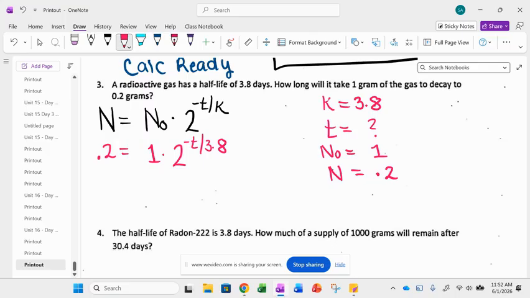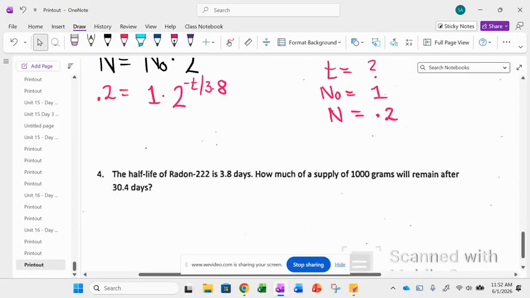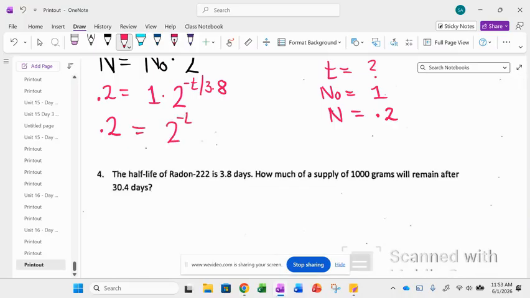Let's pretend this number was 5. Would I be able to multiply the 5 into 2? No, what would I have to do with that 5? Divide it over, exactly. But because it's 1, do I need to do anything with that? No. So we're going to go here. 0.2 is equal to 2 raised to the negative T over 3.8 power.